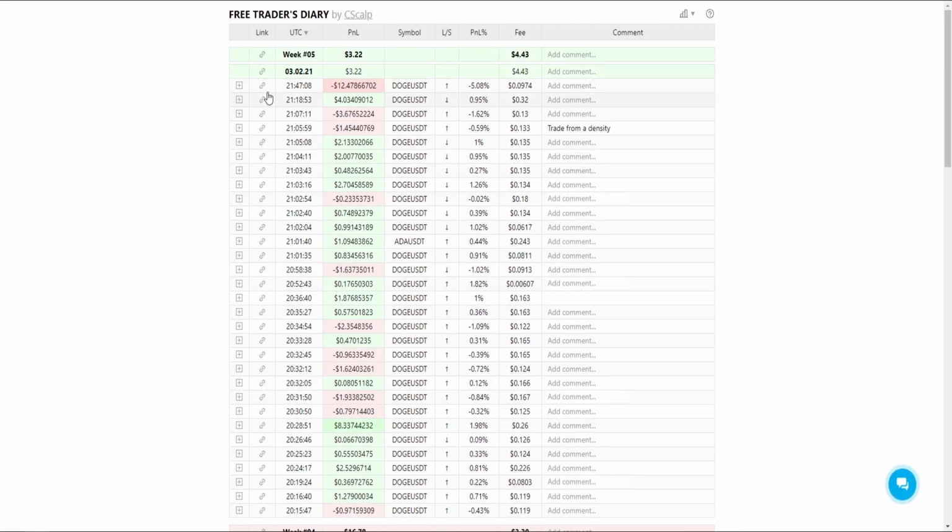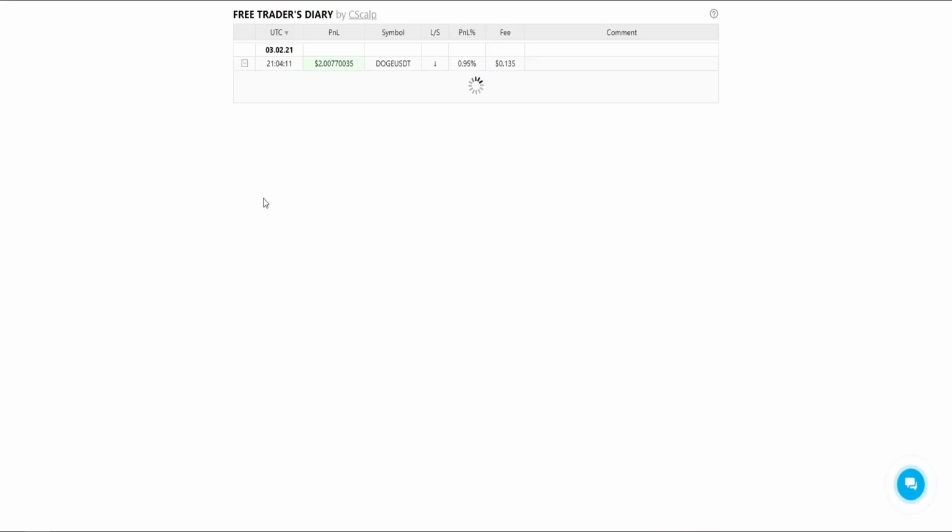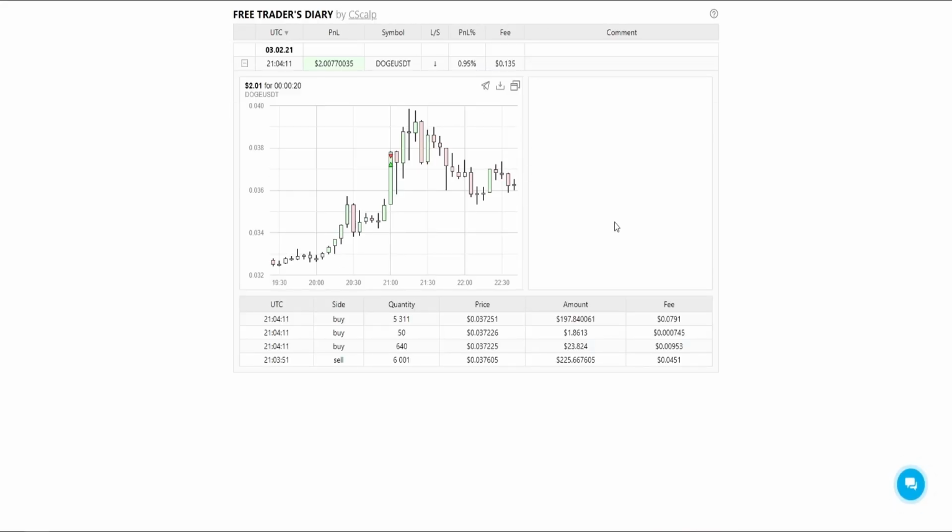You can share one trade, one day, or even one week. As you can see here on the left side, there is a special sign. For example, we want to share a trade. So we click here and get this trade.